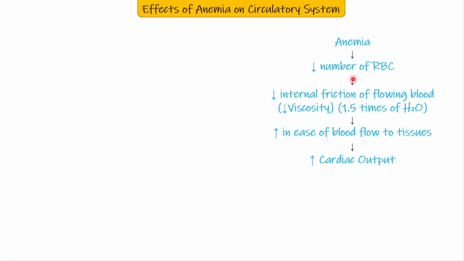When we have more RBCs, we have more friction between them. When the RBC count is low, as in anemia, there will be decreased internal friction between the flowing blood. As there is decreased friction, this will decrease the viscosity of the blood.